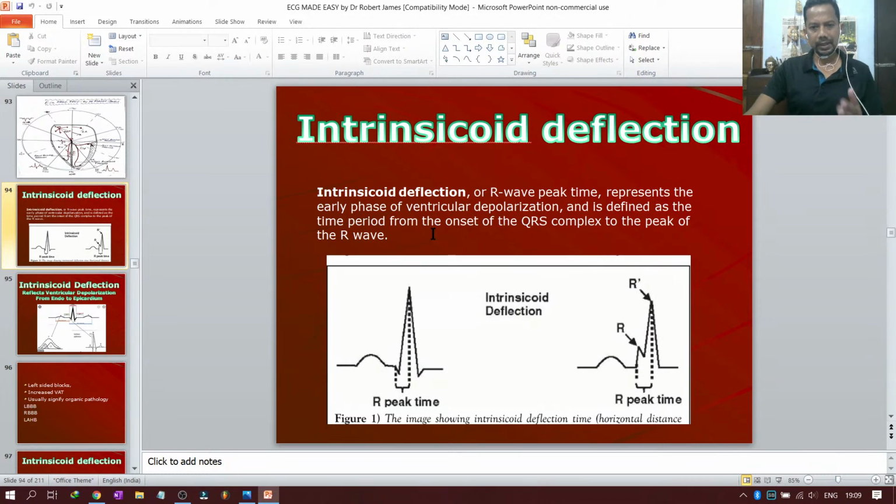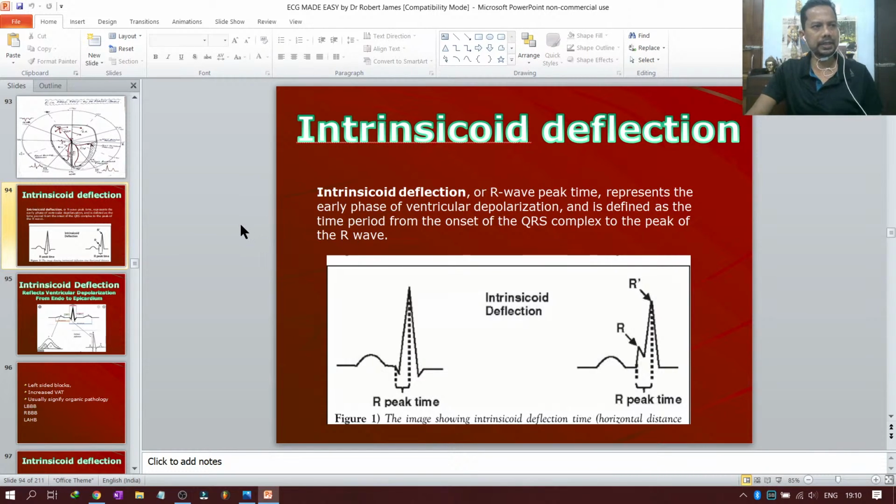So when there is increased ventricular activation time, the intrinsicoid deflection is deeper like this. In other words, you will see a nice R wave, with an ascending limb of R and a descending limb of R. It will be like that.